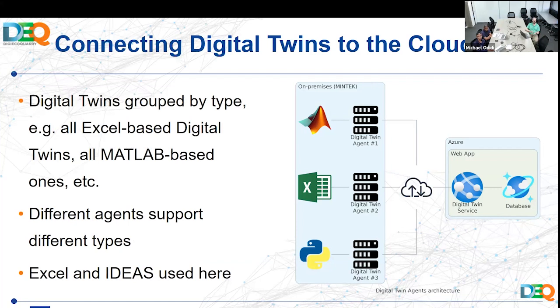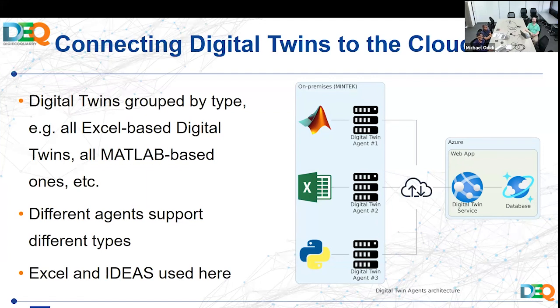I've talked about grouping the digital twins by type, and basically, yes, this architecture allows us to then support many different types of simulations in future. But for the purposes of this project specifically, we're using this one in the middle. I know I've only got the Excel logo here, but just imagine there's an Andritz Ideas logo sitting on the side here.